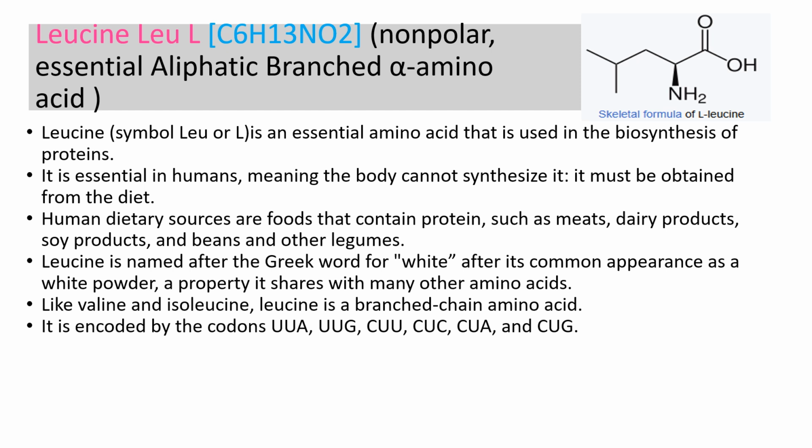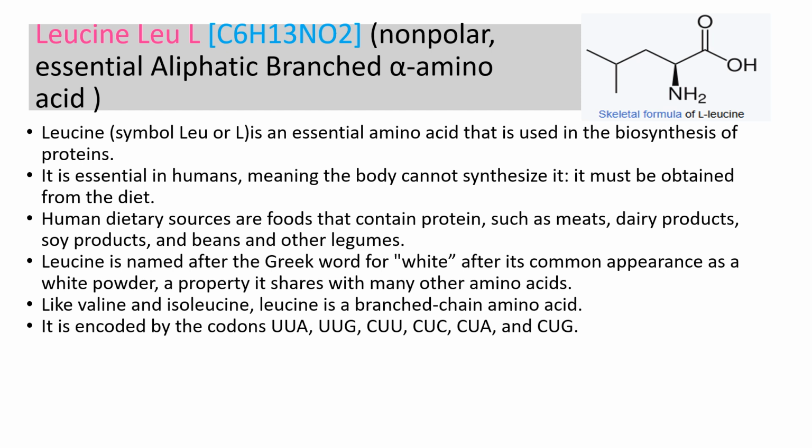Like valine and isoleucine, leucine is a branched chain amino acid, very important. All the branched chain alpha amino acids are important, so remember each and every branched chain. Isoleucine, leucine, and valine are all branched chain. Leucine is encoded by codons UUA, UUG, CUU, CUC, CUA, and CUG.